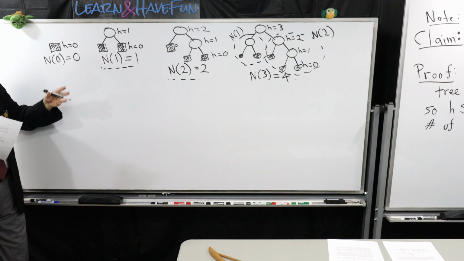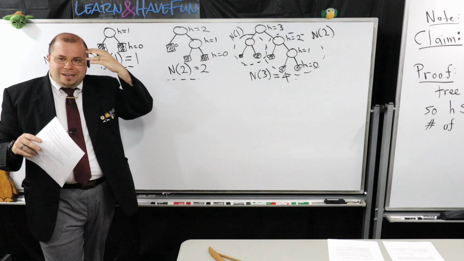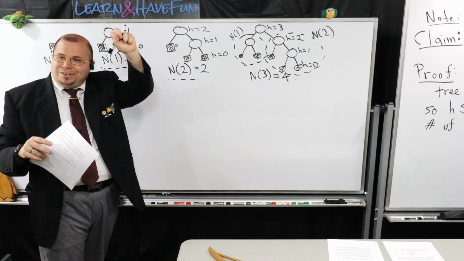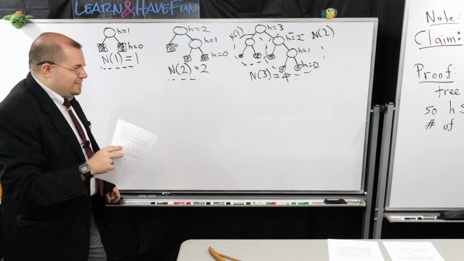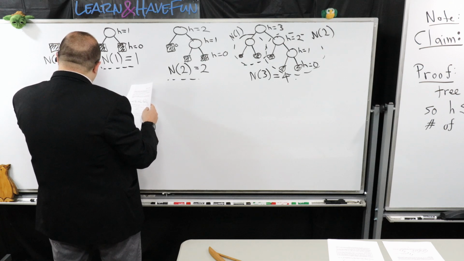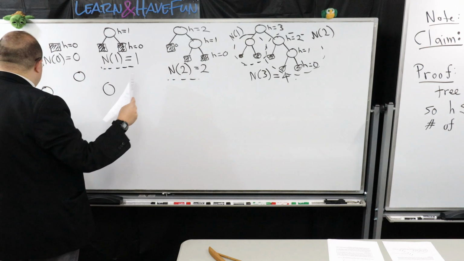So I can go even further with this, right? My prediction is I should be able to take these 2 pictures, put them beside each other, and add a new internal node. So let's see what happens if I do n of 4. I'm just going to draw the 2 previous pictures.